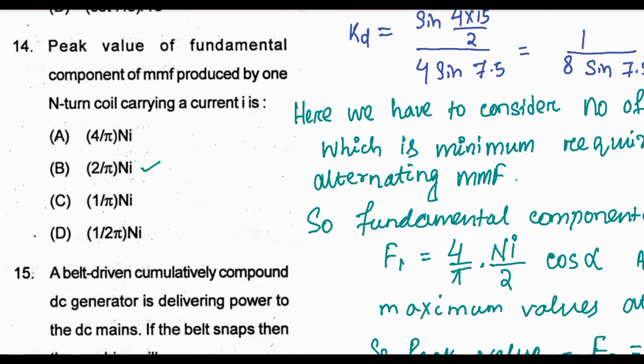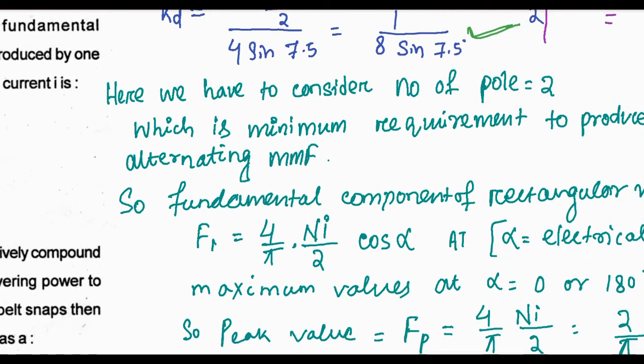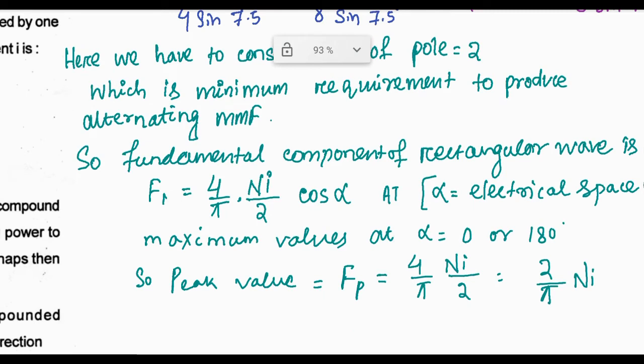Next is the peak value of the fundamental component of MMF produced by one N-turn coil carrying a current i. So here we have to consider the number of poles equal to 2, because this is the minimum requirement to produce alternating MMF. The fundamental component of the rectangular MMF wave is given by F1 is equal to 4 by pi into Ni by 2 cos alpha ampere turn.